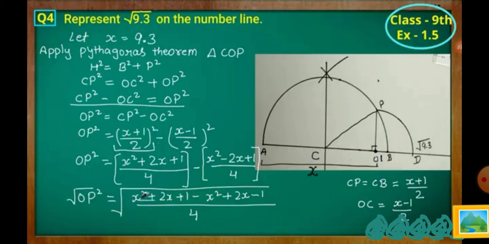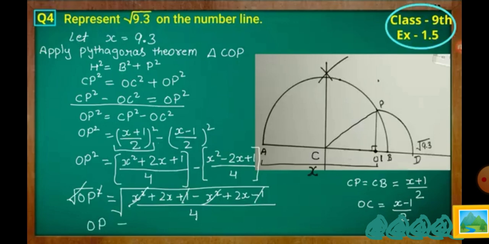Now x square cancelled, plus 1 minus 1 also cancelled. Now left out is square root of OP square. So there square and square root cancelled.